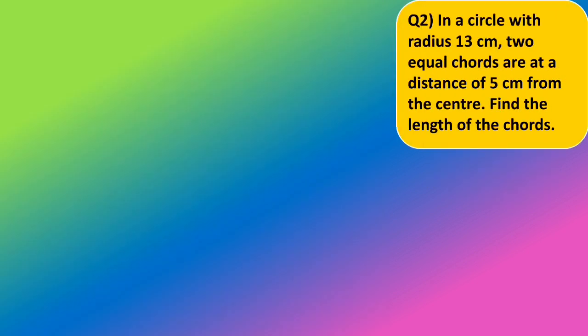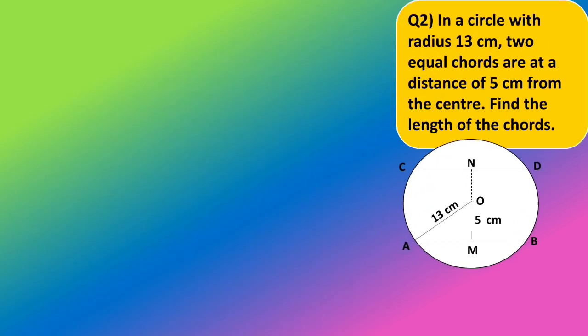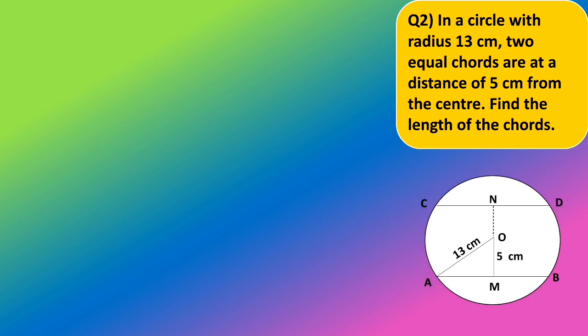Now question number 2. In a circle with radius 13 cm, two equal chords are at a distance of 5 cm from the center. Here what is given, student? The distance between chord and center is 5 cm. Find the length of the chord.